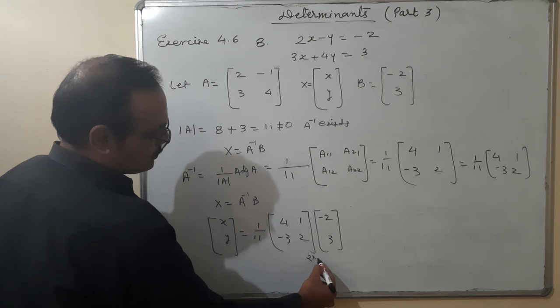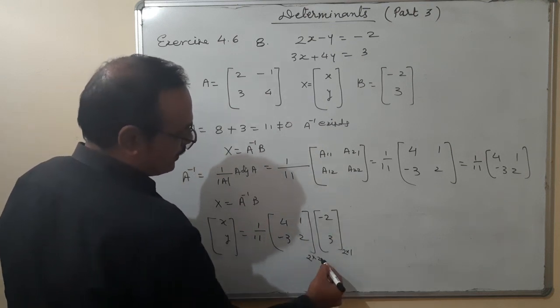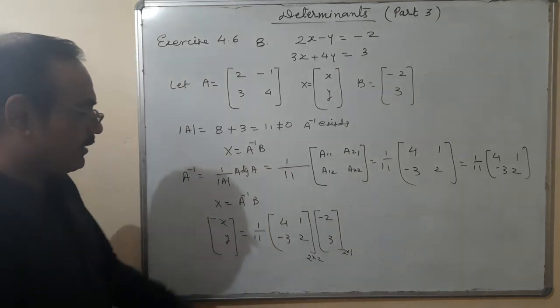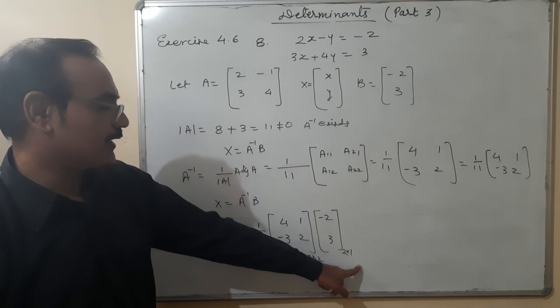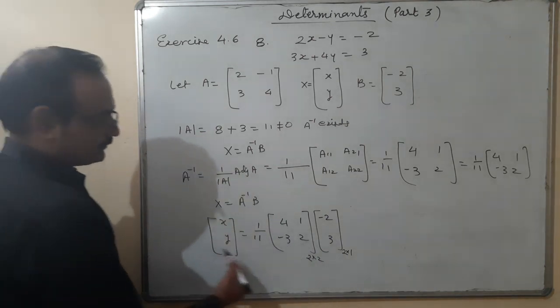It is 2 cross 2 times 2 cross 1, so we are getting 2 cross 1, that means 2 rows and 1 column.